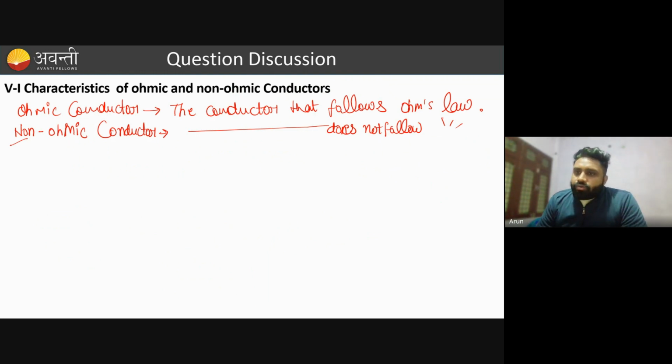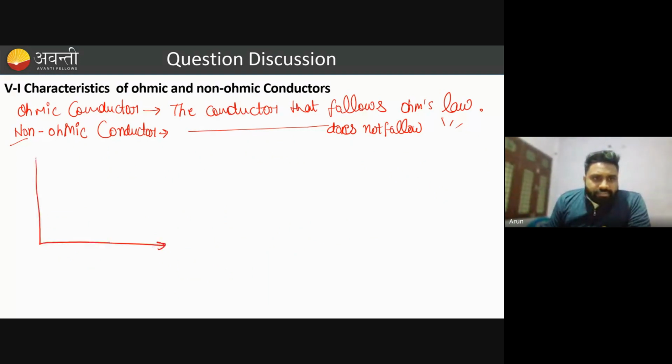Basically, we are going to draw the graph between V and I. We will vary V or I, and then see the variation. Okay, so let's say this is for the ohmic conductor.